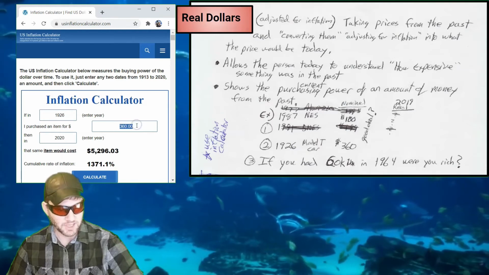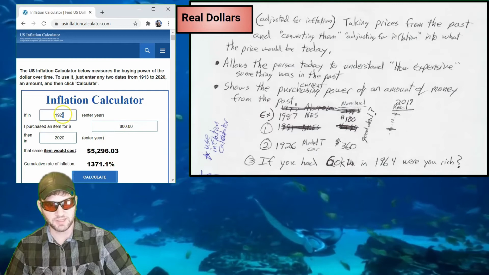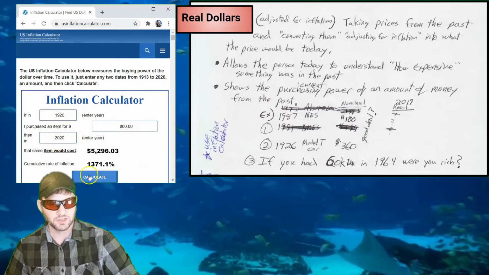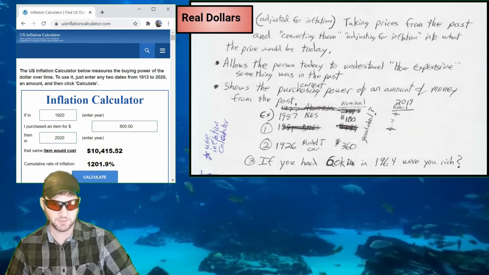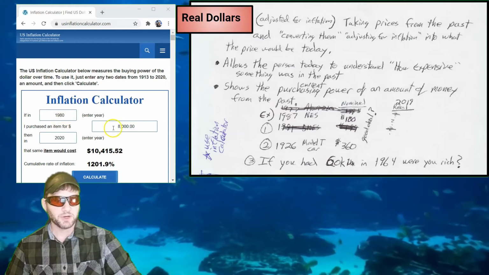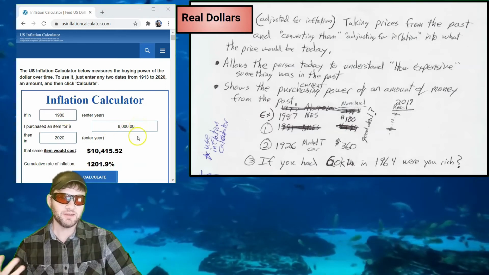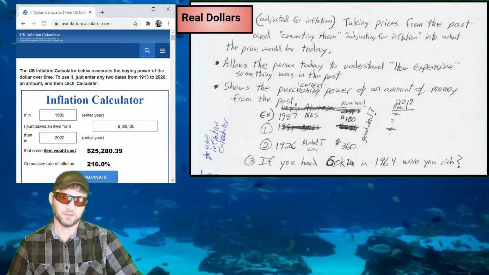Cars before the Model T were about $800 in 1920, and that would be like buying a car for $10,000. So still relatively similar. In 1980, my parents bought a Toyota Corolla for $8,000, and to them, it felt like you today buying a new car for $25,000.